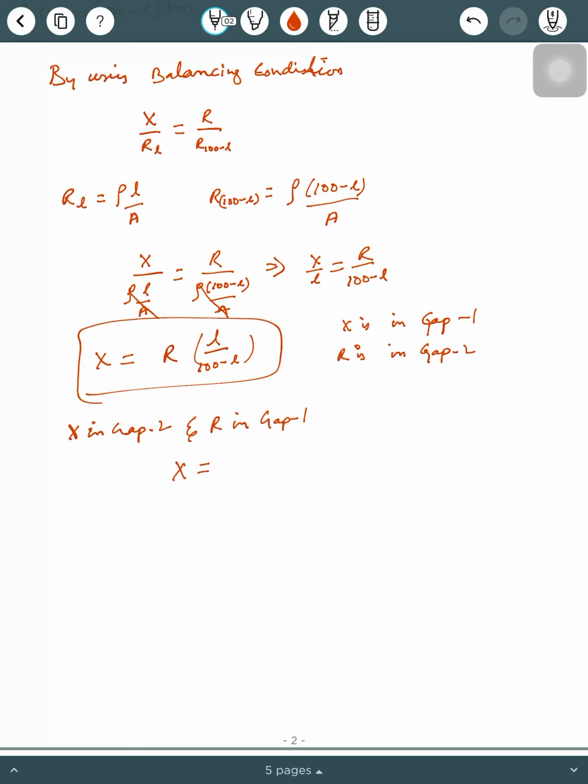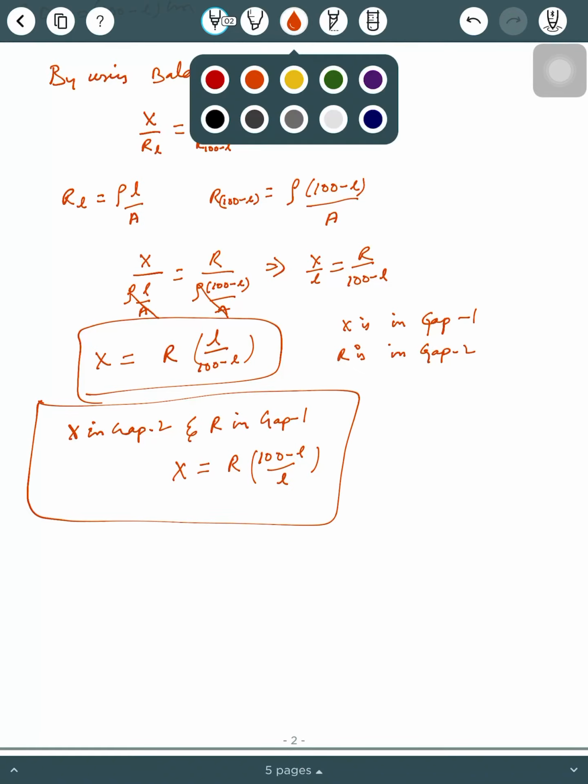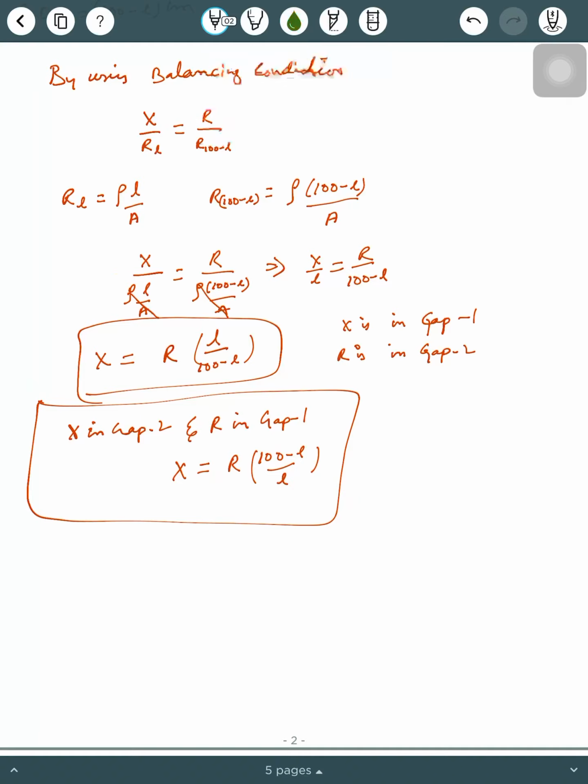X will be equal to R times (100 minus L) by L, just the values get reversed. So, this is the formula to find the unknown resistance X using a meter bridge. Here we are drawing no current through the galvanometer, so it gives us more accurate values.